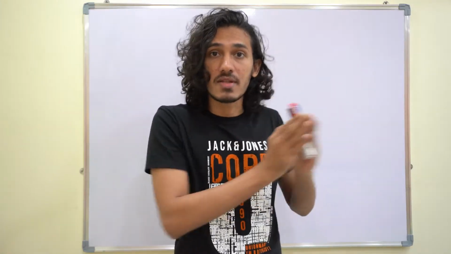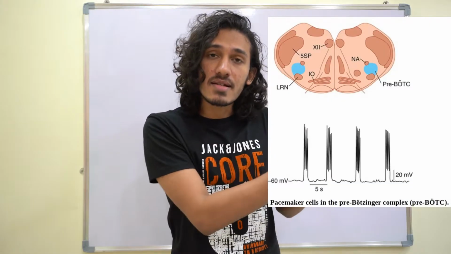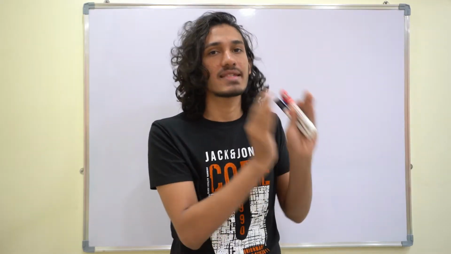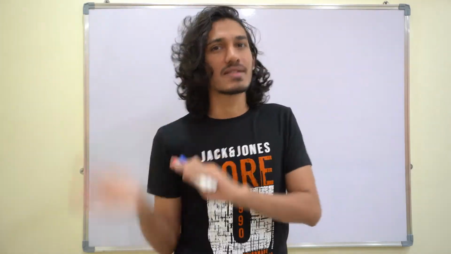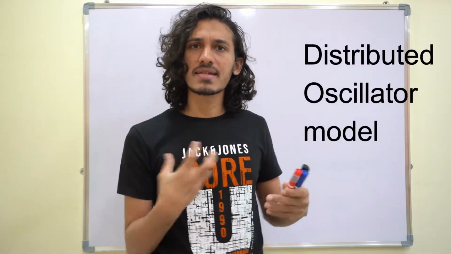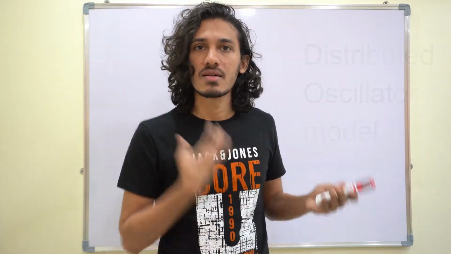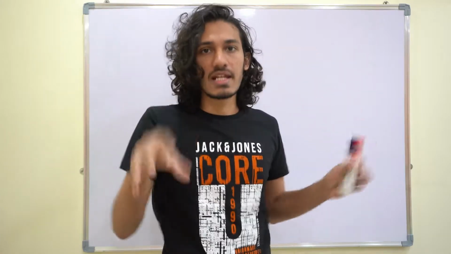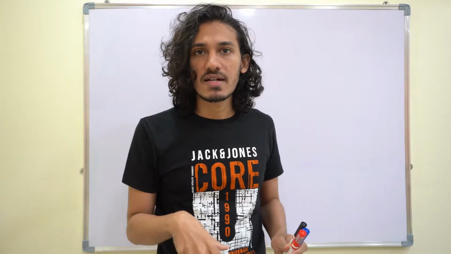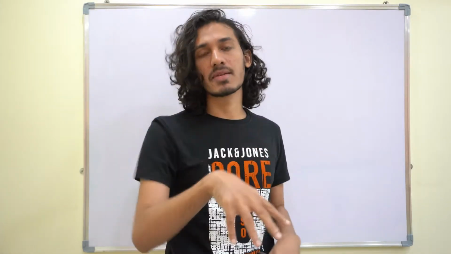For example, the pre-Bötzinger complex has the respiratory neuron pacemaker activity, and it is only in that area that it is present. We got another theory, which is the distributed model. It's similar to how you see in the heart. The pacemakers are present in a lot of places, but one dominant pacemaker takes control over everything else. So that is a distributed model.